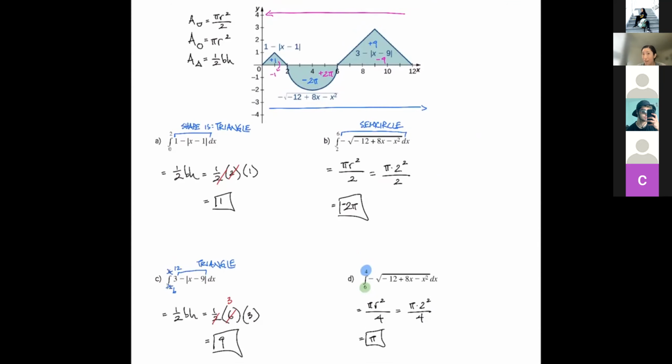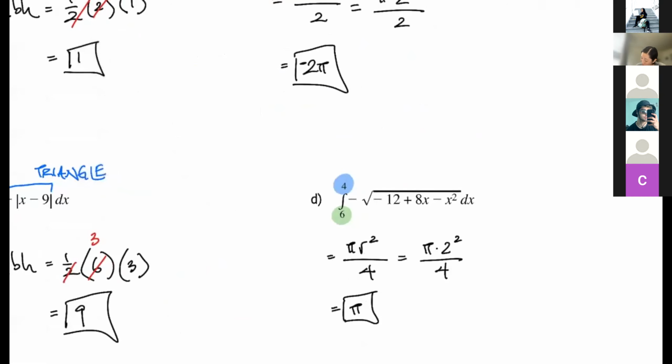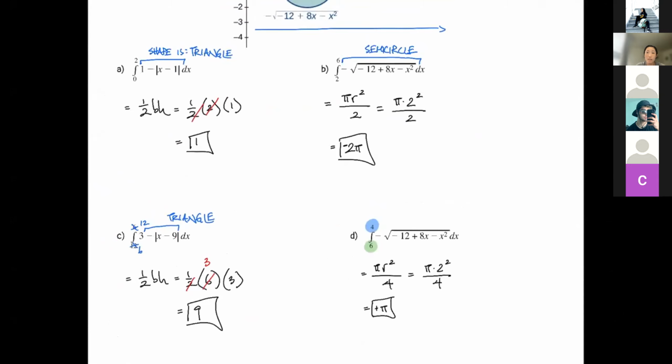So that's not going to be negative because I'm going in the opposite direction, but our answer here actually should be a positive pi. Okay. But when you go back and study later, you might need to spend a little bit more time thinking about B and D and how come one is negative and how come one is positive. Okay.